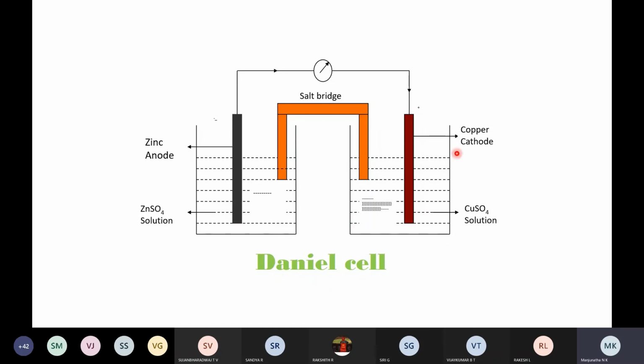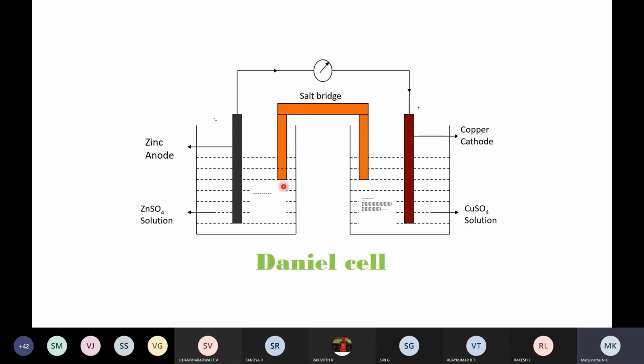Coming to the right hand side container, it consists of one copper electrode or copper rod which is immersed in a copper sulfate solution. See, this is the copper electrode or copper rod. This is the copper sulfate solution. This copper electrode is immersed in the right hand side container, and both the left hand side and right hand side containers are internally connected using a salt bridge.